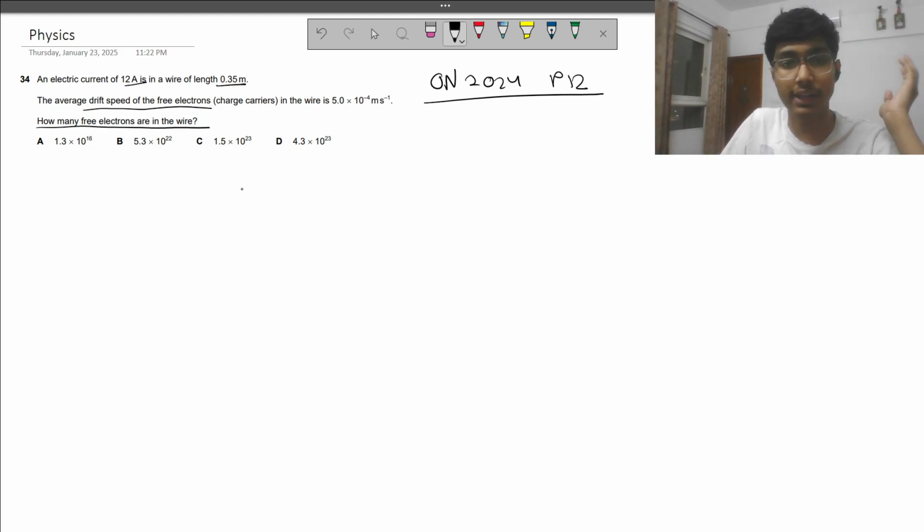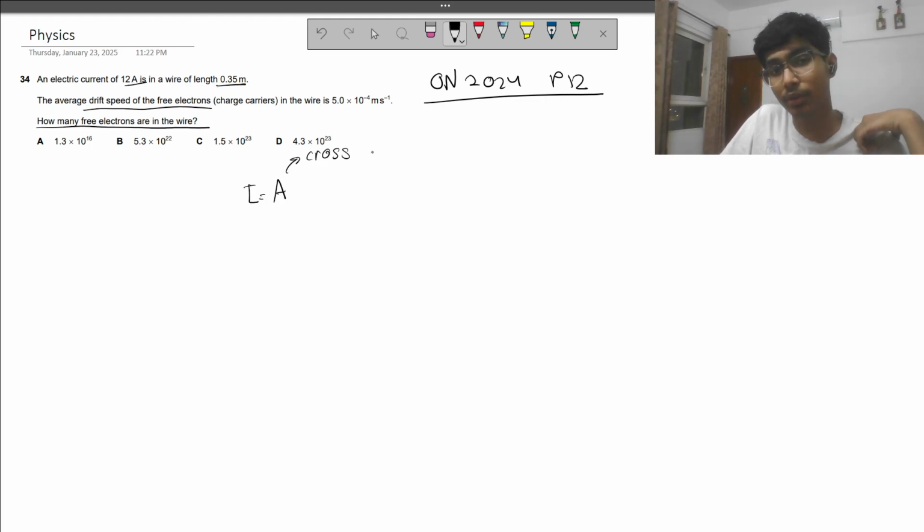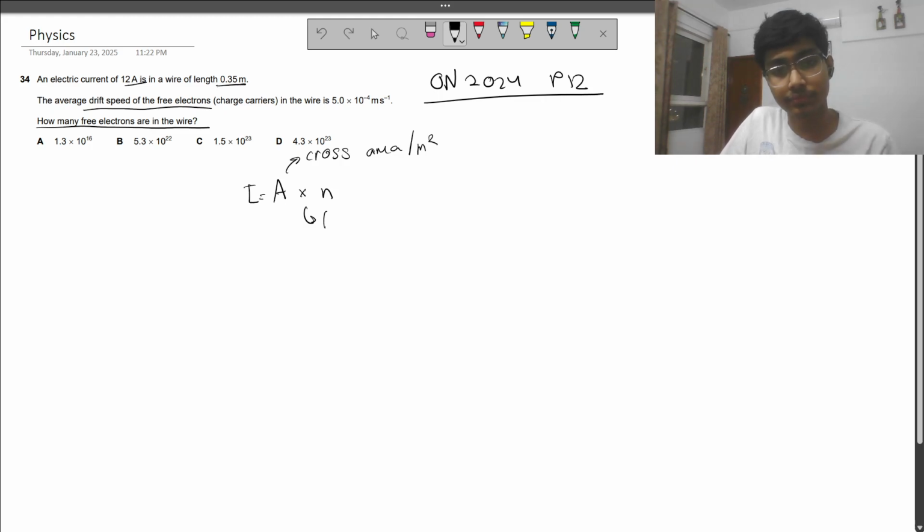So let's just write down our formula first. We know the current is equal to the cross-sectional area. I'll just label these out because this will really help. Cross area, and this is measured in meters squared. Then we have N, which is the number of free electrons per meter cubed.